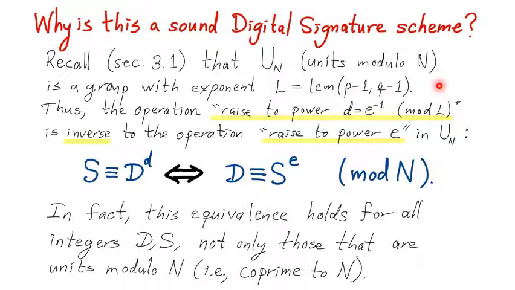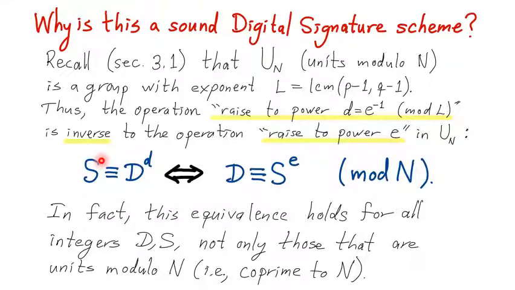What this means in practical terms is that the exponents, when you're working in UN, work modulo L. And therefore, the inverse of the operation of raising to the exponent D, which is the way you obtain the signature S, is, well, if there's justice in math, raising S to the exponent 1 over D, correct?